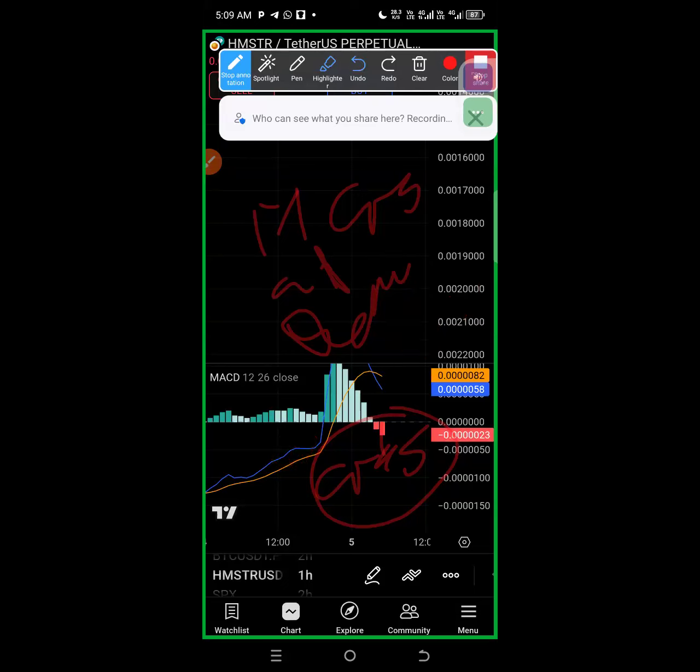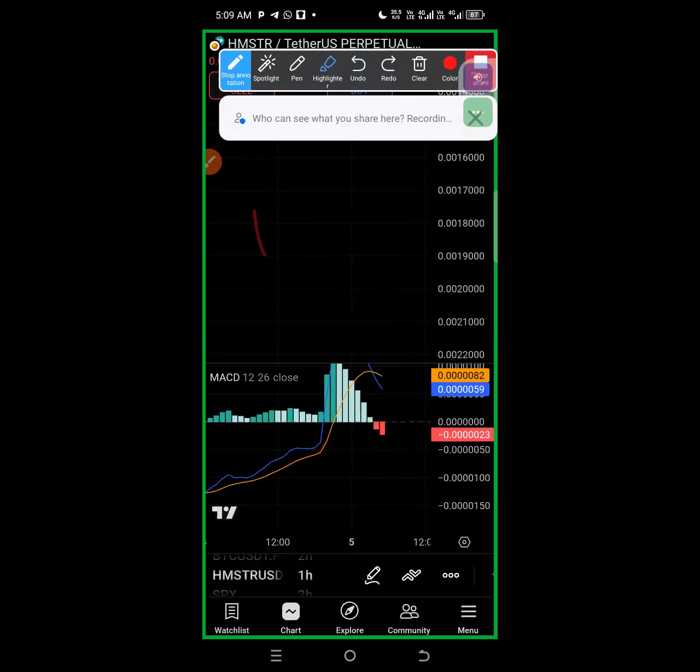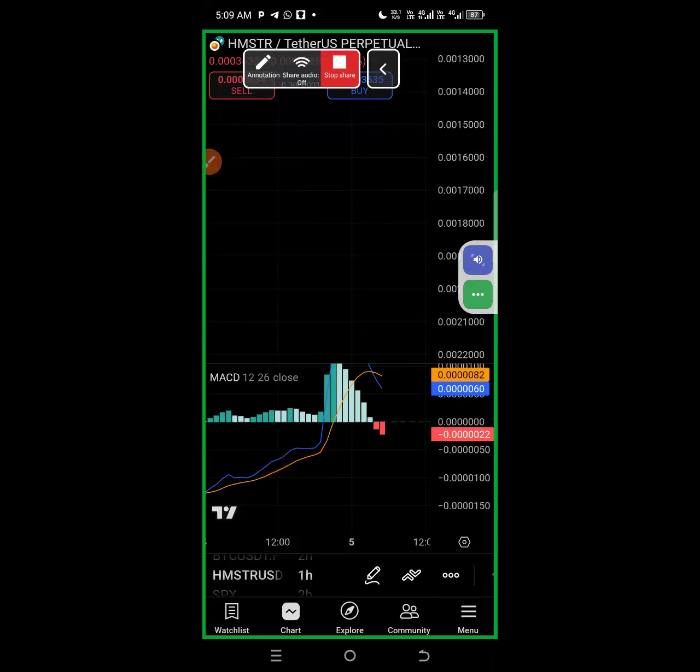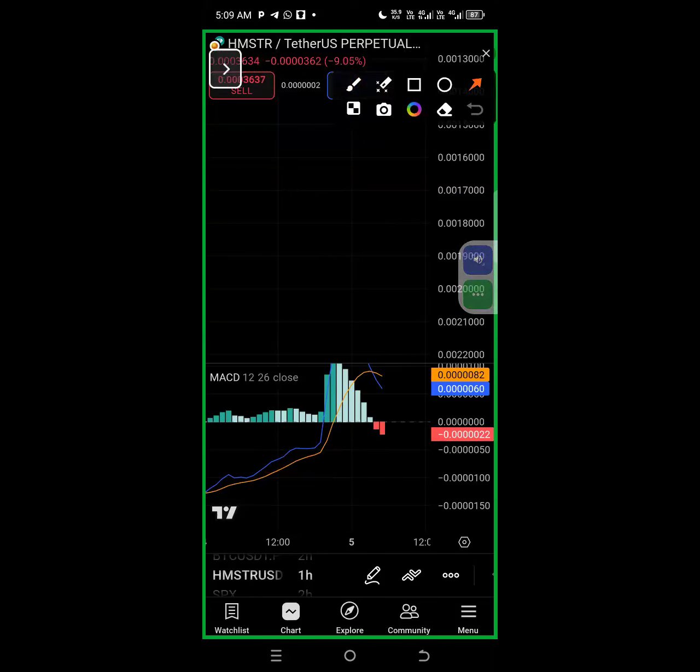I believe someone is getting what we are discussing here. This is the MACD line, and this is the signal line. Let me try using my pointer to help you. This is the MACD line, and this color represents the signal line.